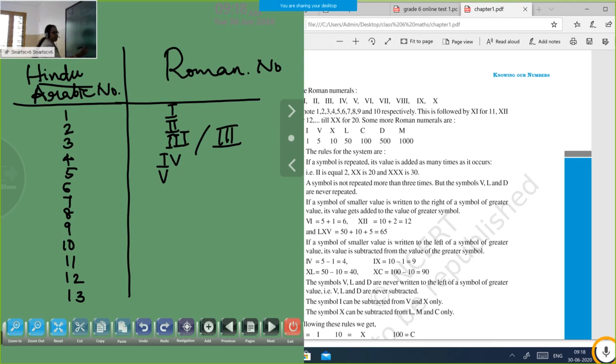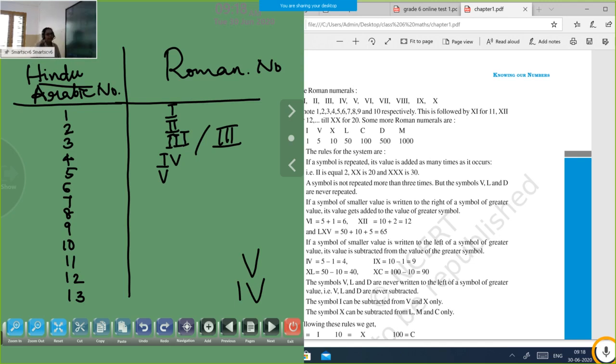If you want 4, you have to subtract 1 from 5, so put I to the left side of V. That is what teacher wrote, IV. The meaning is I is subtracted from V, we got 4.